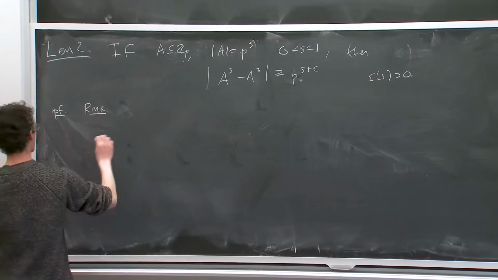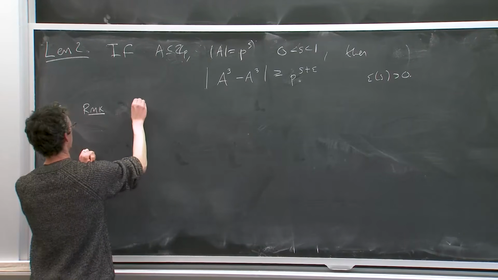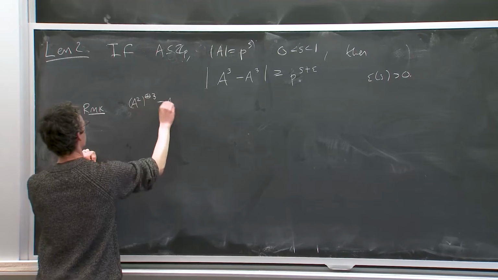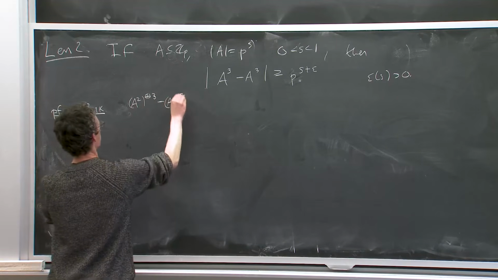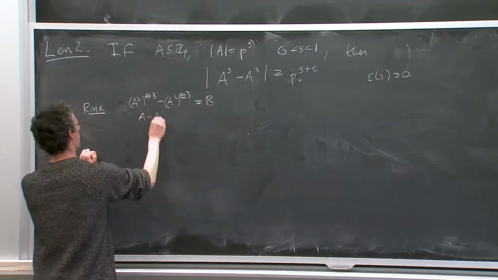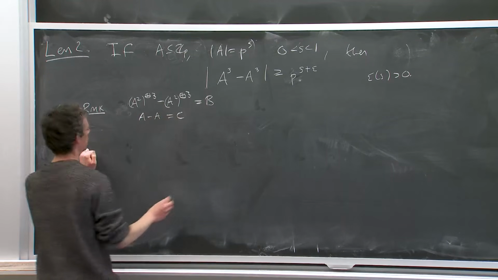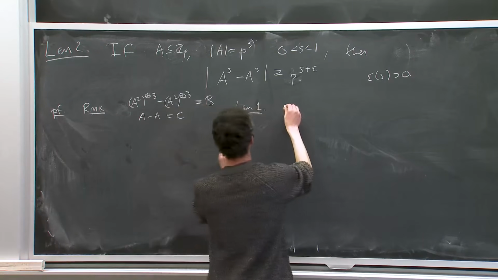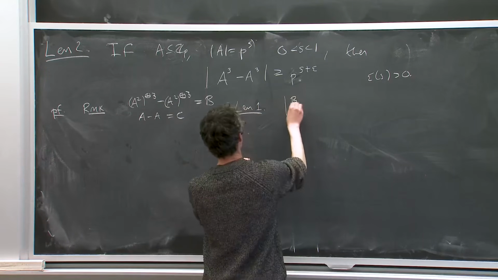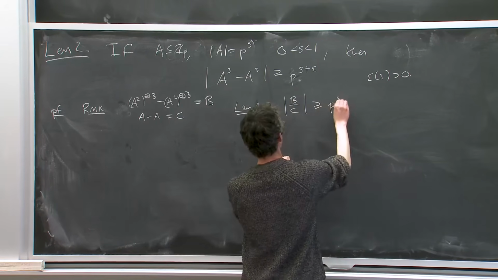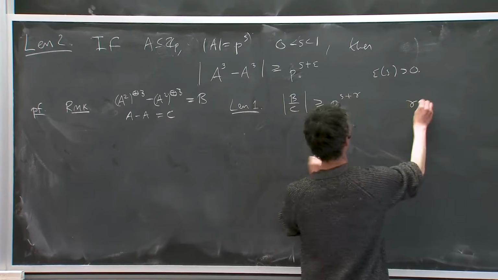All right, so we have that messy thing, A^2 + 3 minus A^2 + 3. Let's call this B, and A minus A, we'll call it C. Lemma 1 tells us that the size of B divided by C is at least p^(s+γ).